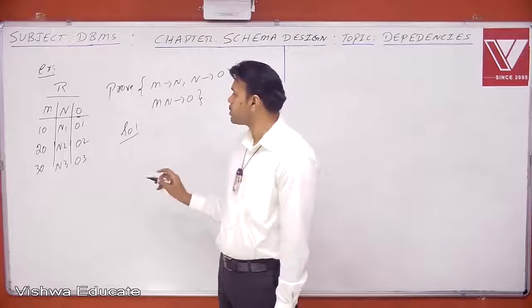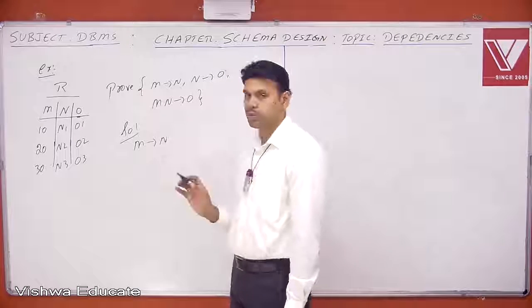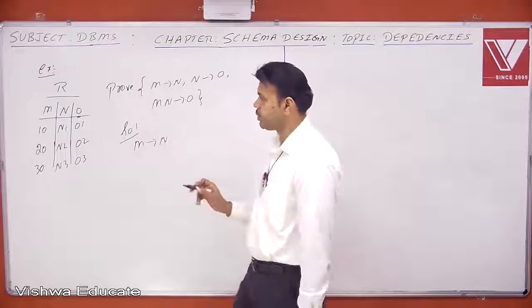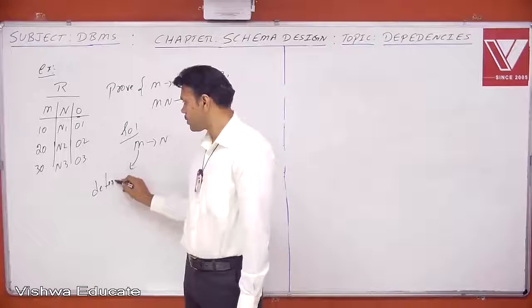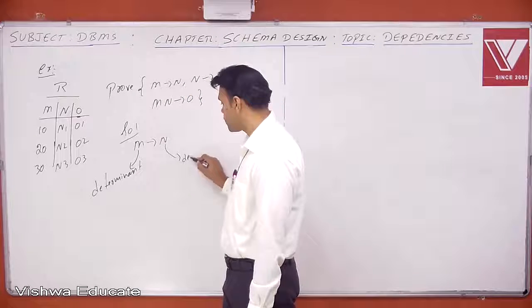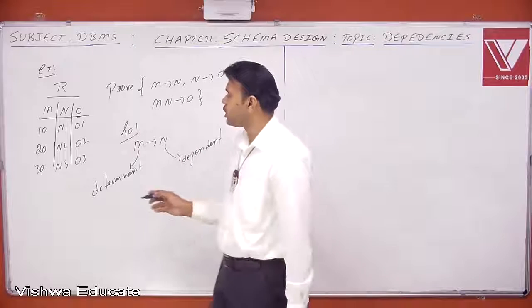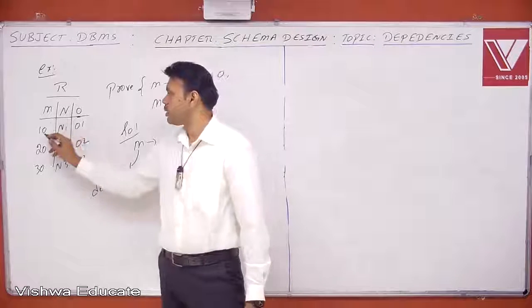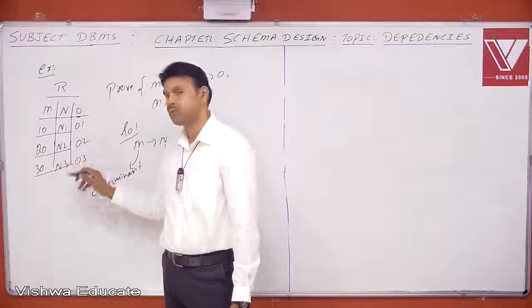As far as this is concerned, we will first identify whether M to N is proved or not. So in this, M is a determinant and N is dependent. Now, first our concentration is only M and N, not the other attribute.